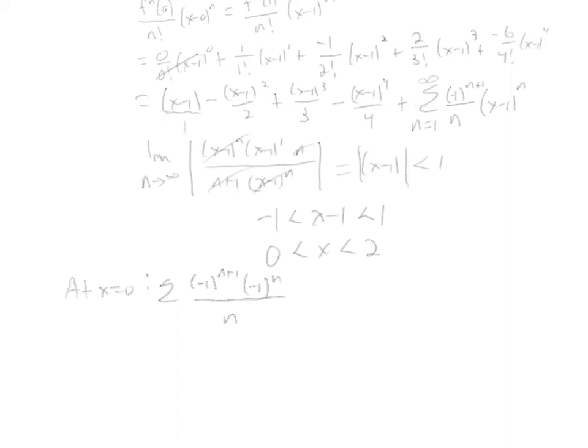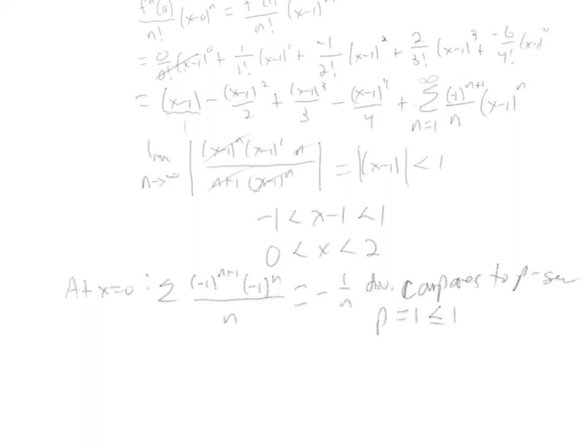So let's see. If n is 1, that value is negative. If n is 2, that value is negative. This becomes just negative 1 over n, which is a divergent series. P series compares to P series. P is equal to 1, which is less than or equal to 1.